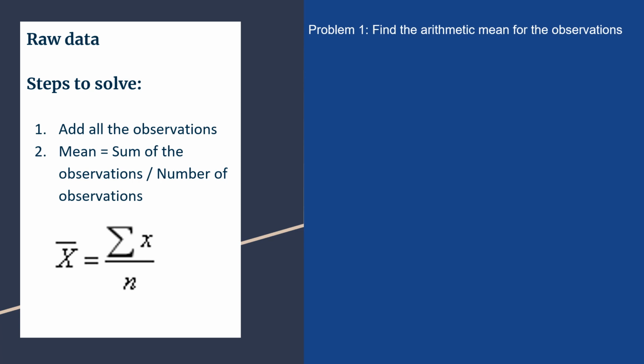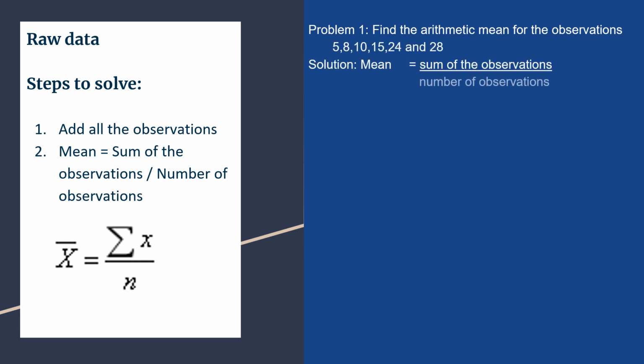Let us see an example. Find arithmetic mean for the observations given. Our formula states that mean is sum of the observations upon number of observations. Adding all the values which are given to us, we get 5 plus 8 plus 10 plus 15 plus 24 plus 28 upon, there are 6 observations given, so it is divided by 6.